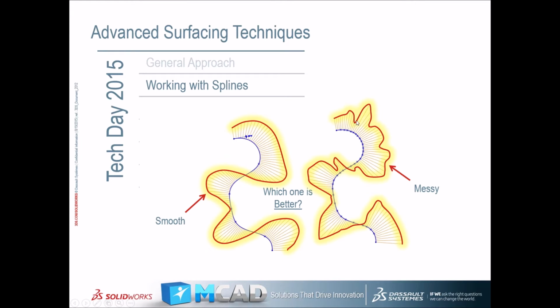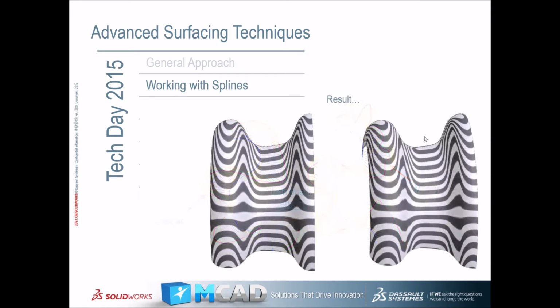Anytime you've got a large bump in this curvature comb, the rougher the surface is. It's not as smooth. Now, it may not be easy to see here, and you may ask what difference that makes. Well, if we look at the final result after we use that spline for something like a revolve or a loft, you'll start to notice some jaggedness in the surfaces.